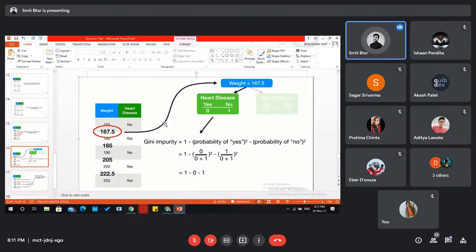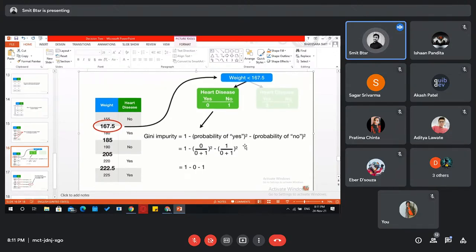There is no heart disease, so it is 10. Here it is pure, right? There are none in one, yes, and all of them are in one, in this range. So the impurity here is 1 minus 0 minus 1. It's 0, right? Impurity is 0, so it's clearly pure. There is pure discrimination.